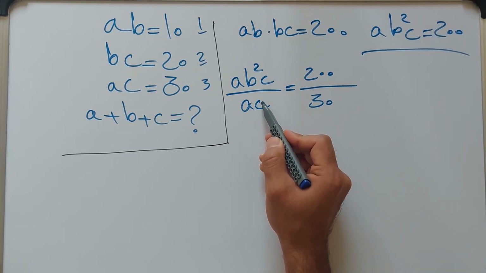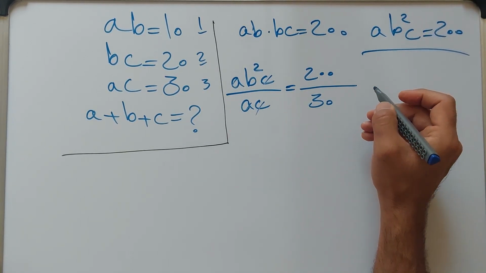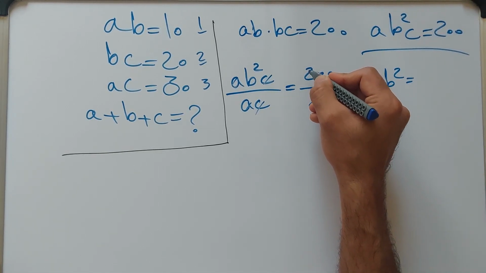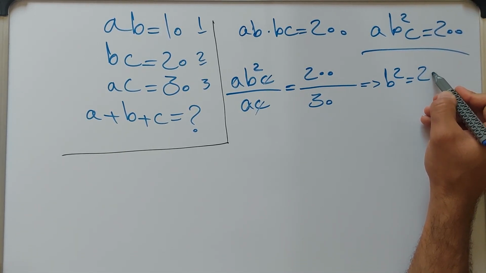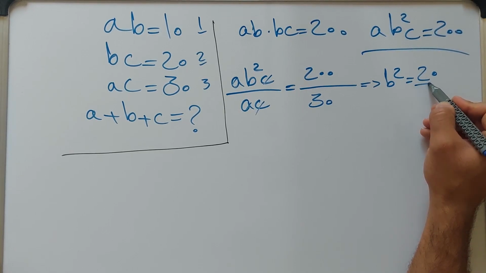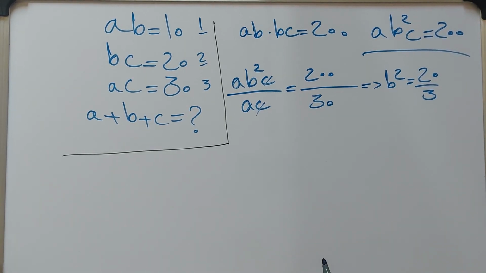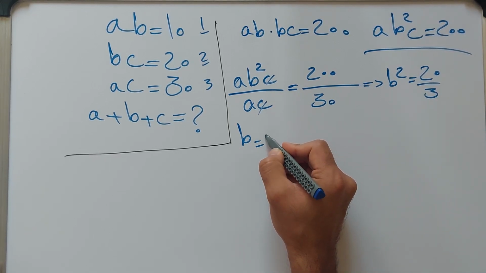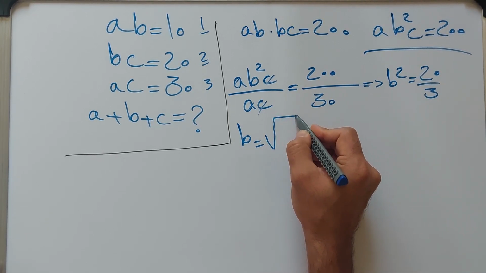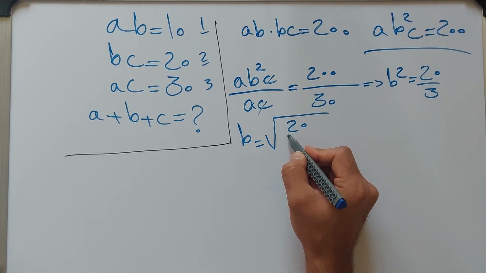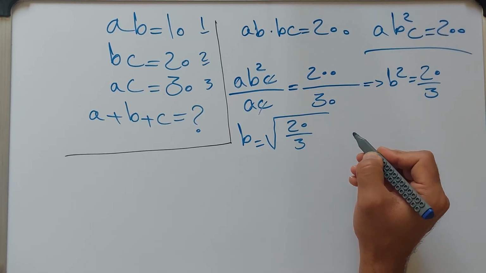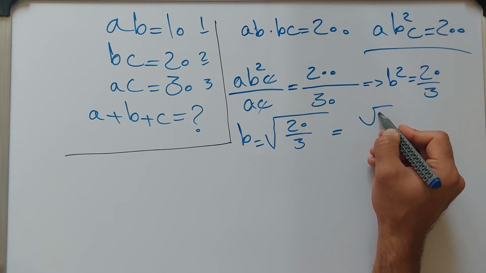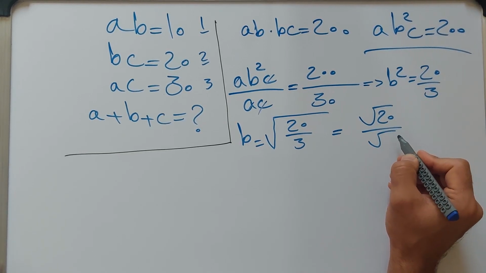We have A and C, and we have A and C. So in other words, B squared is 200 over 30, which is 20 over 3, right? So now let's simplify that. So B equals square root of 20 over 3.